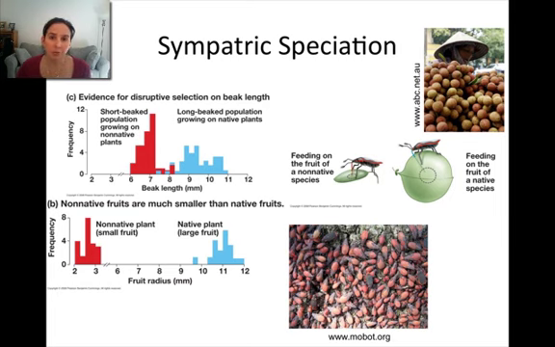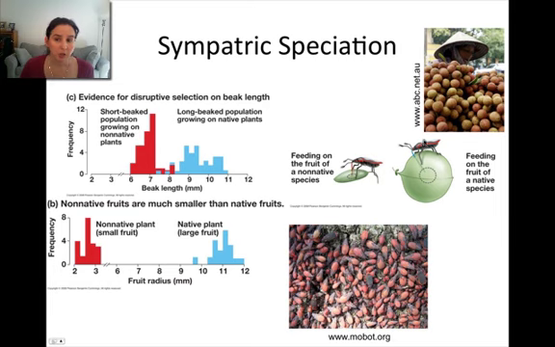Normal soapberry beetles feed on fruits that are quite large in size, and those fruits are from a native species of soapberry tree. So you have these soapberry beetles, native to the southeastern U.S., that have been feeding on this native species of soapberry for a long period of time.